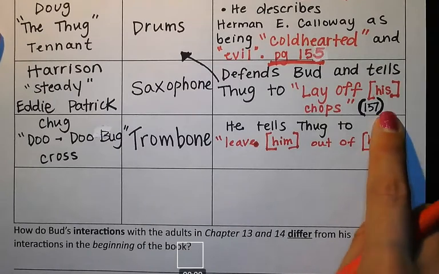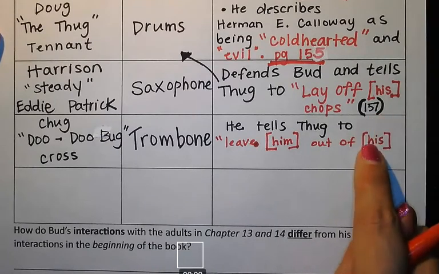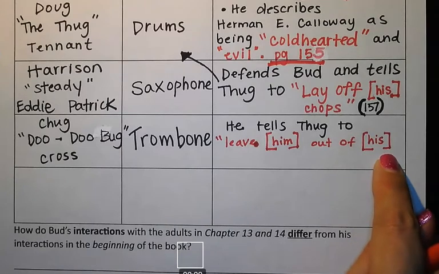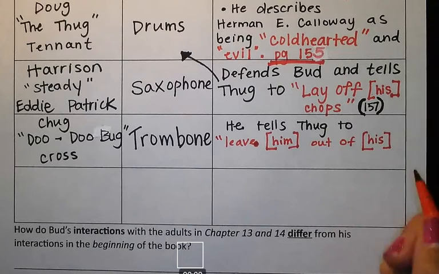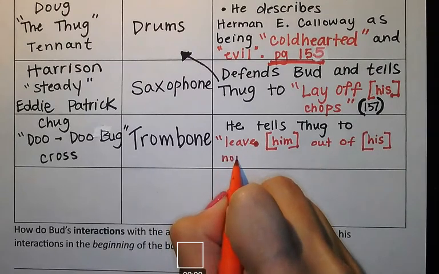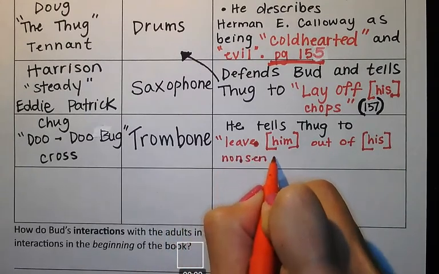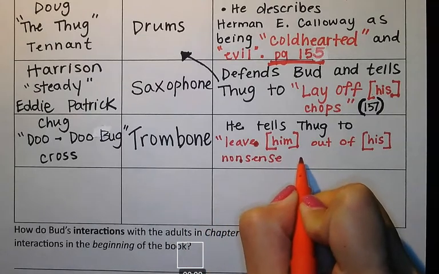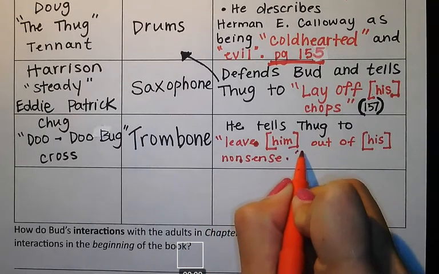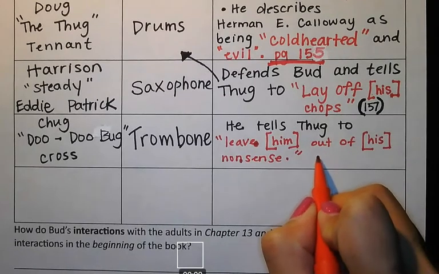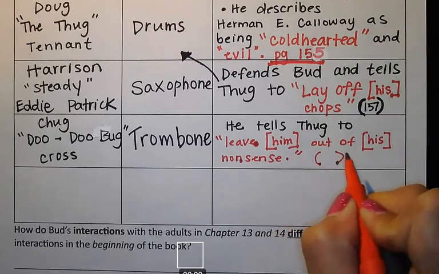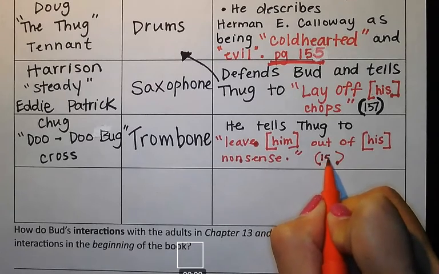They're not parentheses, but they are brackets. If you said brackets, you're correct. And then we're going to end it with nonsense. Right? We make sure we have our period, we close our quotation marks, and then we need to have our citation, which is page 155.